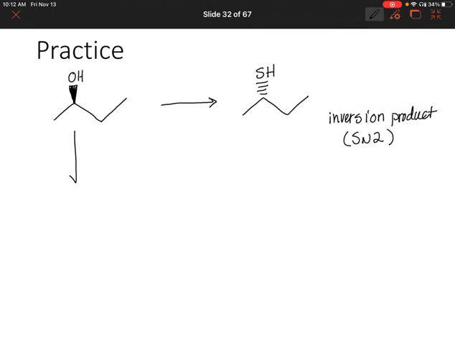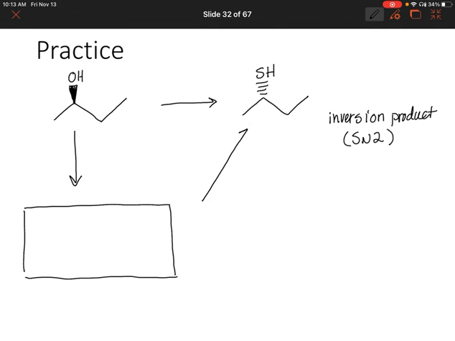So in the first step, we want to convert OH into a better leaving group. So we'll have some sort of intermediate here. And then in the second step, we want to convert that intermediate into our final product. So see if you can figure out a good way to perform this reaction. And you can pause the video if you want to try this on your own first.